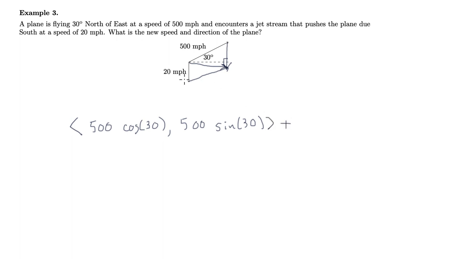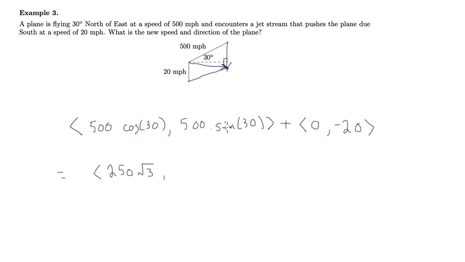And I'm adding this other velocity vector, which is only in the vertical. It has 0 in the horizontal, and it's actually negative 20 because it's pointing down. So my velocity vector is just going to be the sum of these two vectors, which is going to be 250 times the square root of 3.